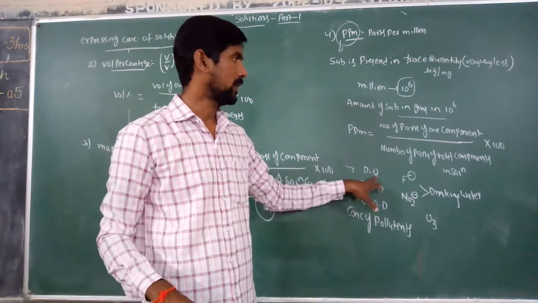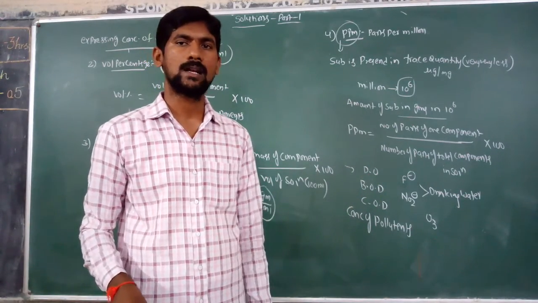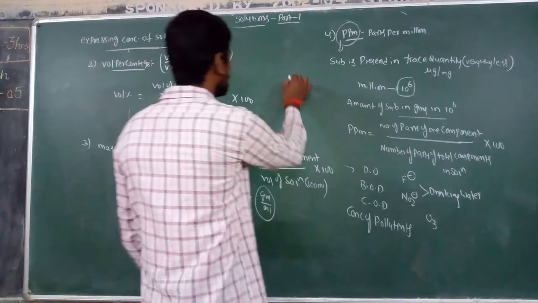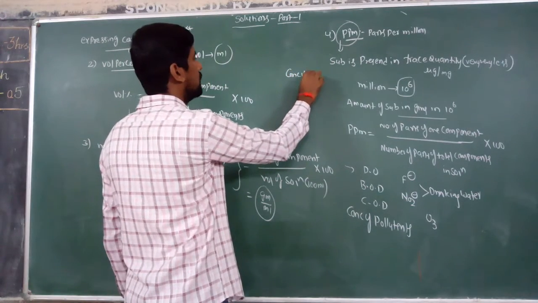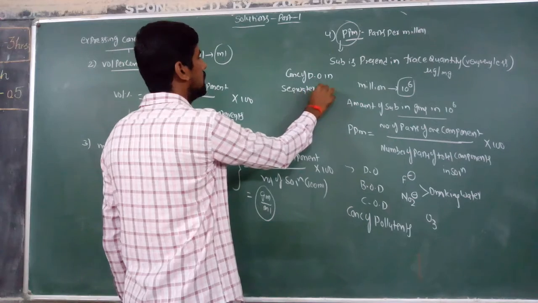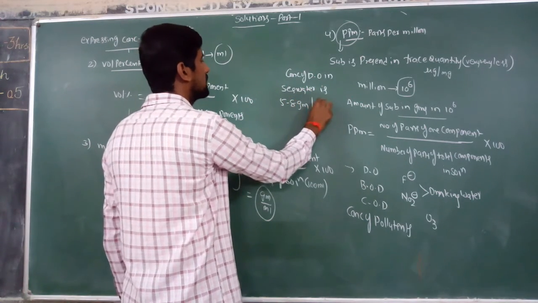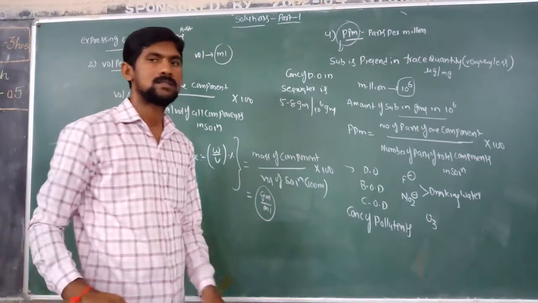So dissolved oxygen, for example, concentration of dissolved oxygen in seawater is 5.8 grams per 10 power 6 gram of seawater.